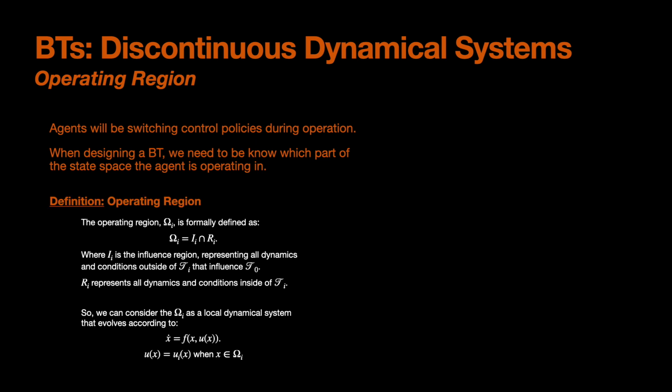The operating region is formally defined as the intersection of an influence region and the region in the state space where the dynamics are currently running. The influence region really represents previous conditions that need to be held true, and we'll see that later. And of course, where the dynamics are running is where this local dynamical system is occurring.